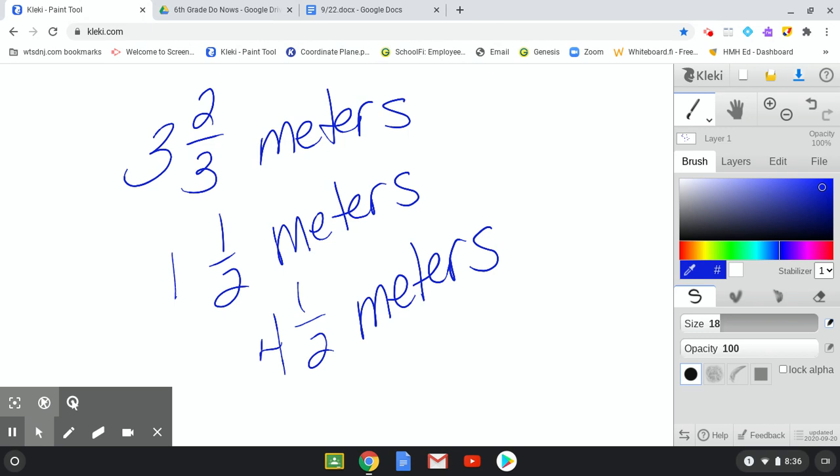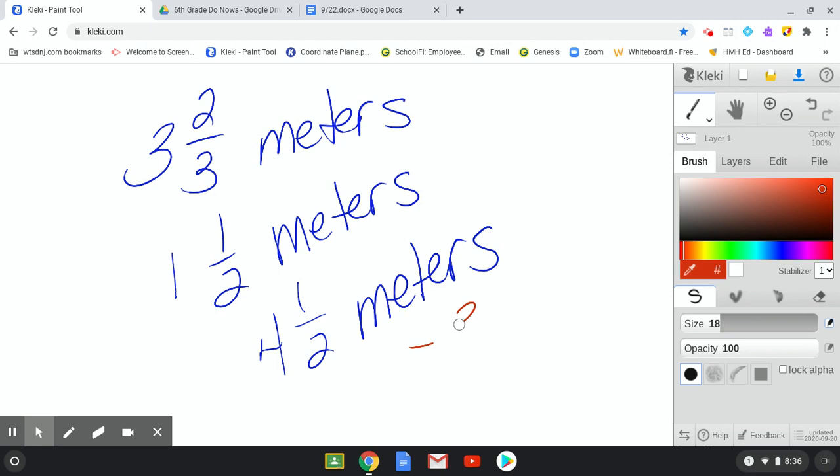Okay, so let's say you were scuba diving and you were diving to certain depths here. So you're diving 3 2/3 meters, you are diving 1.5 meters, and you are diving 4.5 meters. Now, if I wanted you to represent these numbers, these depths, as rational numbers, all you would do is make them negative.